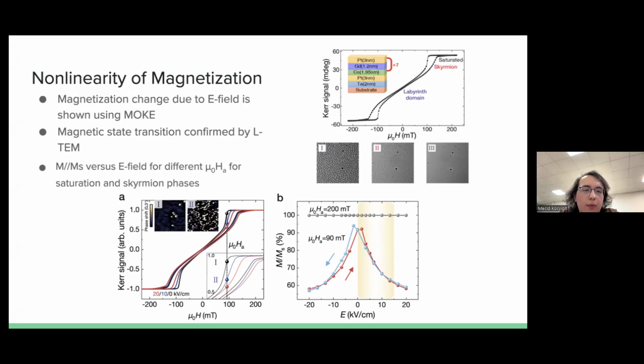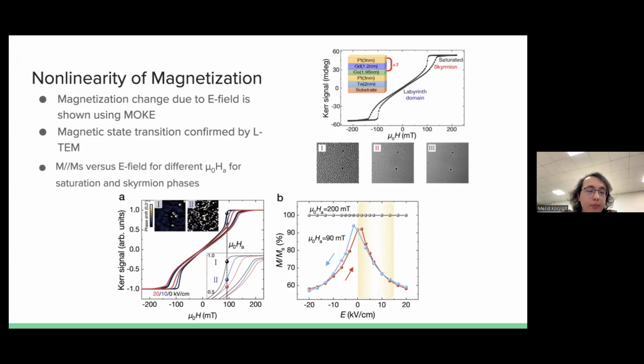One is 200 milliteslas corresponding to a saturated state, and one at 90 milliteslas, which actually is right on skyrmion state. So of course, in this remnant magnetization, MS denotes the saturated magnetization, as shown.